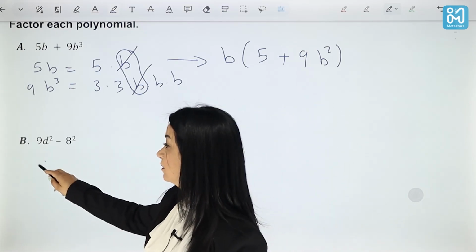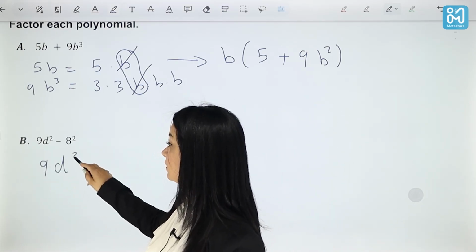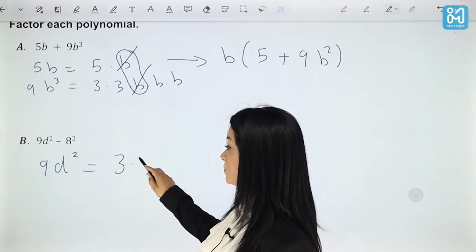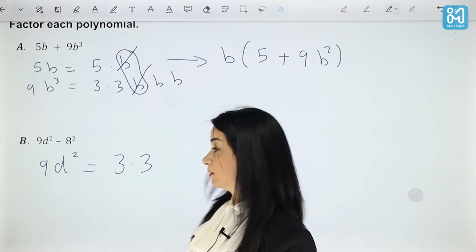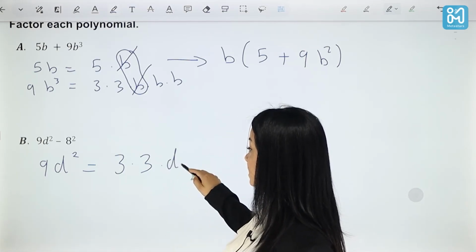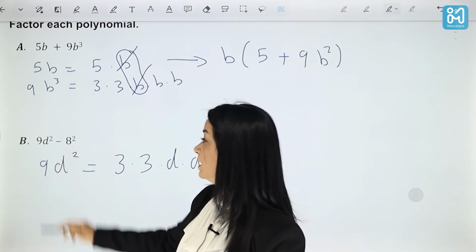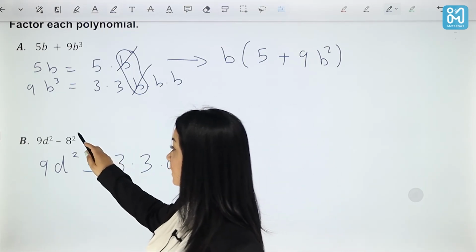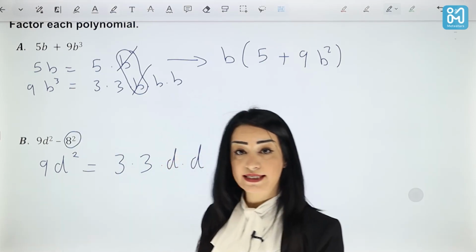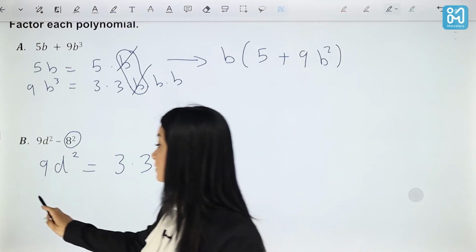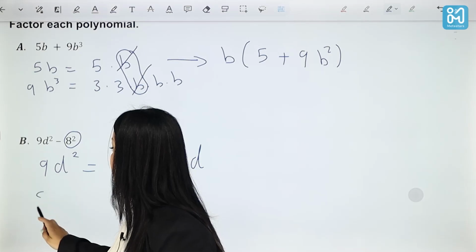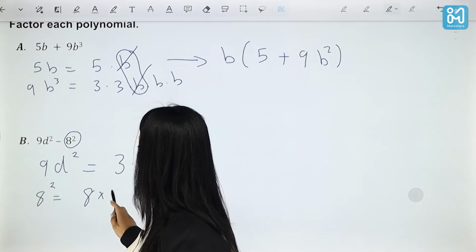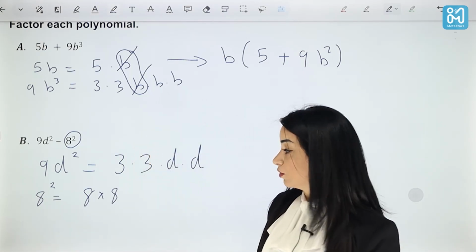Let's do the same for this one. 9d squared minus 8 squared. 9 is equal to 3 times 3, and d squared is equal to d times d. Now 8 squared is 8 times 8.